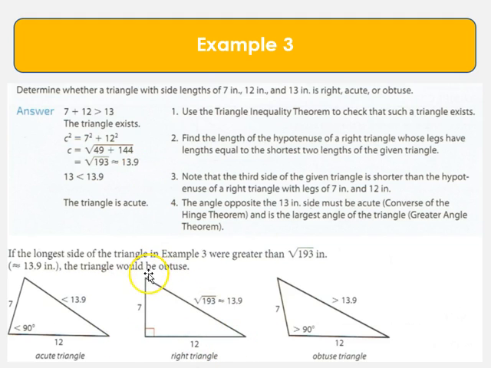We started with this as our baseline. This is what the length has to be to be right. Anything less than that will be acute. Anything more than that will be obtuse. I know that is a little bit confusing, but if you have trouble doing these problems, come back to the video or contact me and I'll help you.